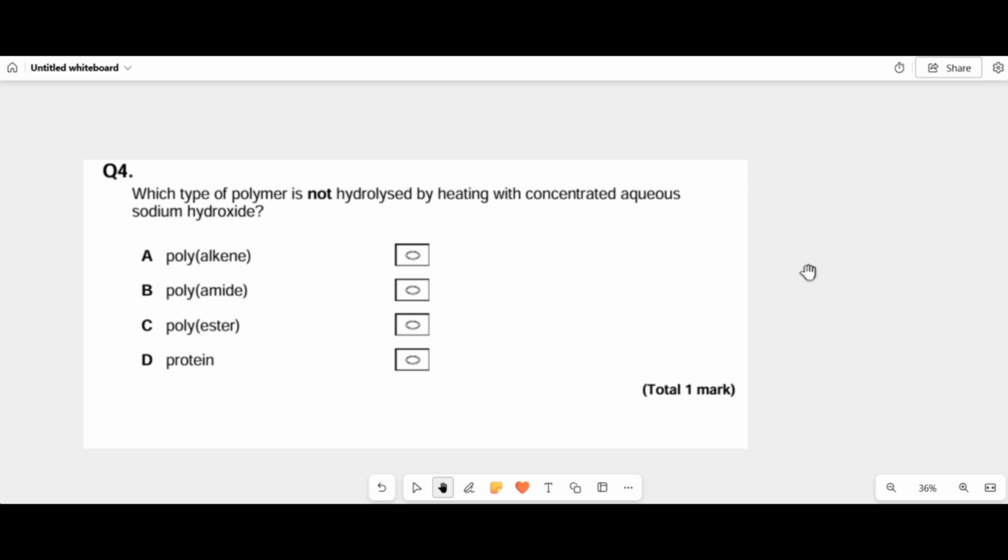The answer is A, because A has strong C-C bonds, whereas all the others either have polar bonds or some situation where they can easily be susceptible to hydrolysis. For example, the polyamide has CONH, that's easily susceptible. This one has COO, that's even worse. And this one is protein, of course protein can be hydrolyzed, so it's just A.